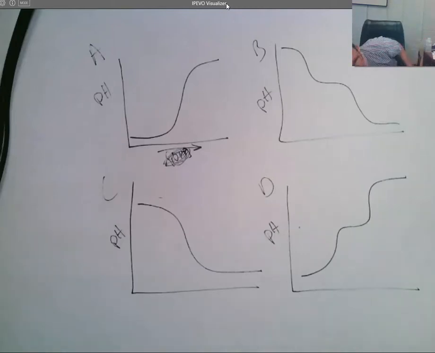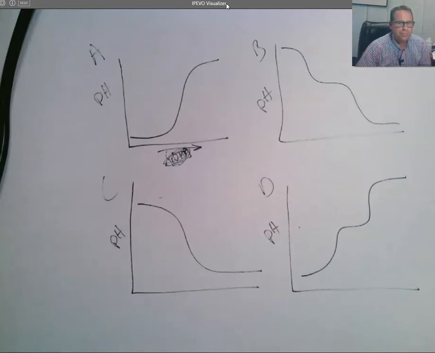Which one of these would have to be the titration of a diprotic acid? Sarah, are you there? Which one of these would be the titration of a diprotic acid?